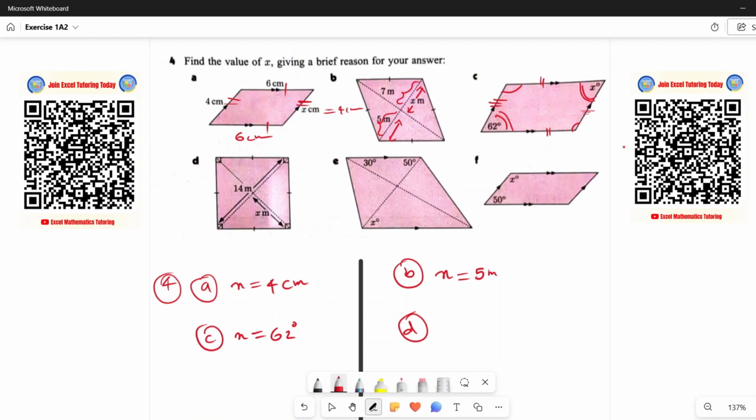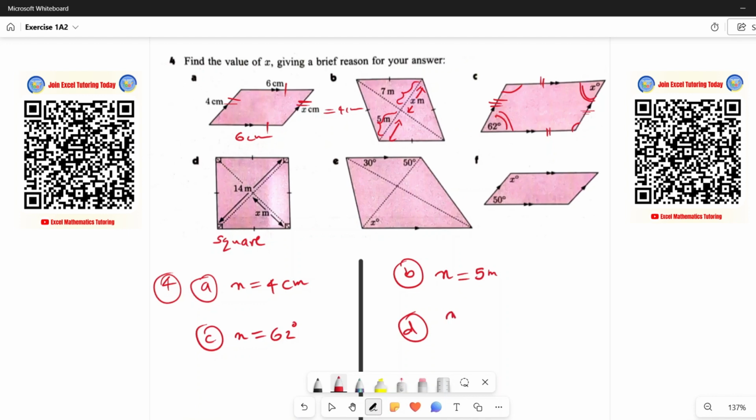So D, here we need to find again the value of x. This one is a square. In a square, every side is of equal length and every side is parallel. Also the diagonals bisect each other and the diagonals are equal in length. We have already proved the diagonals should be equal.